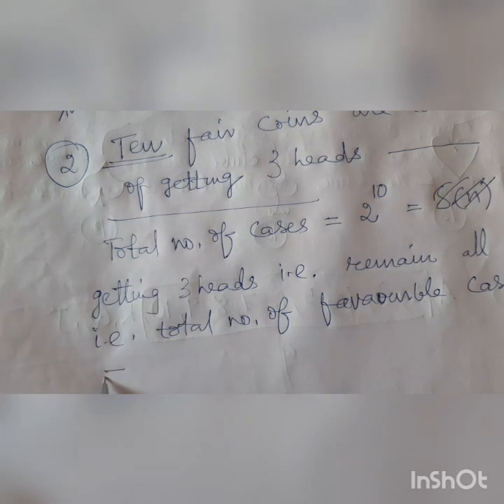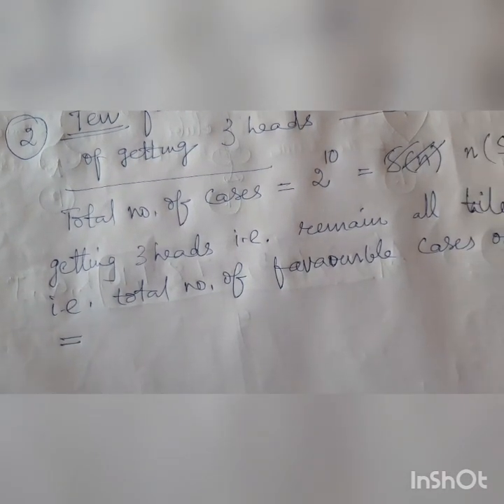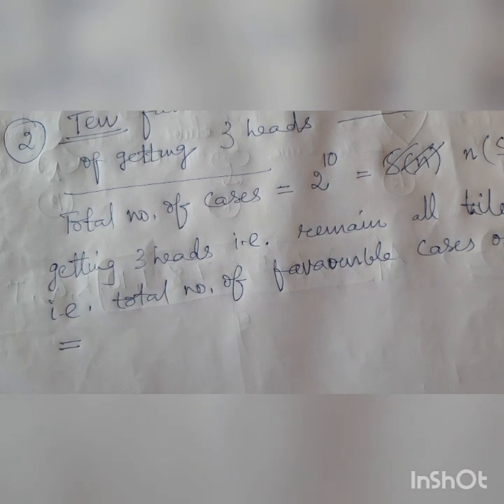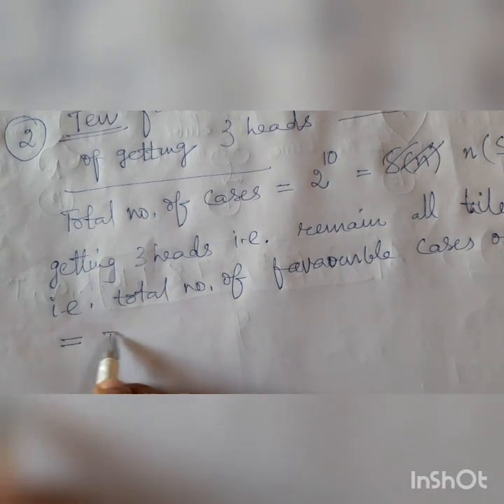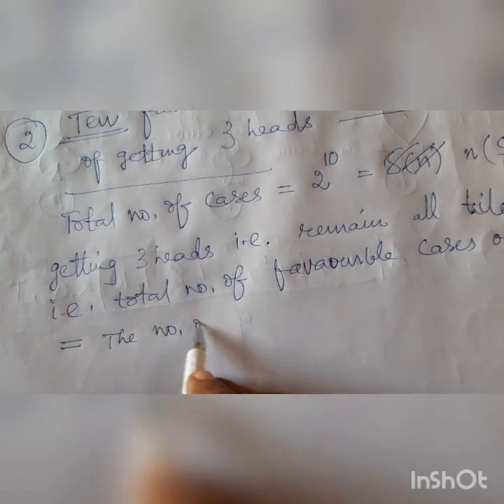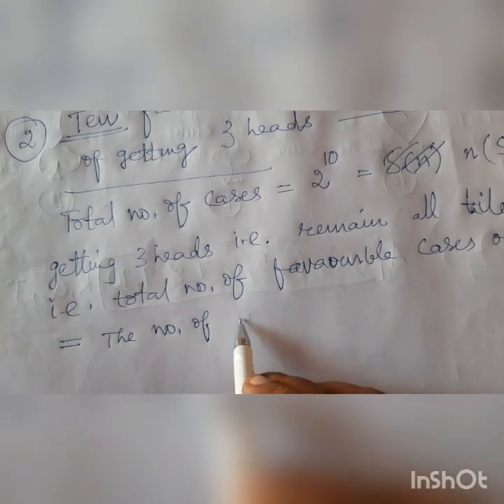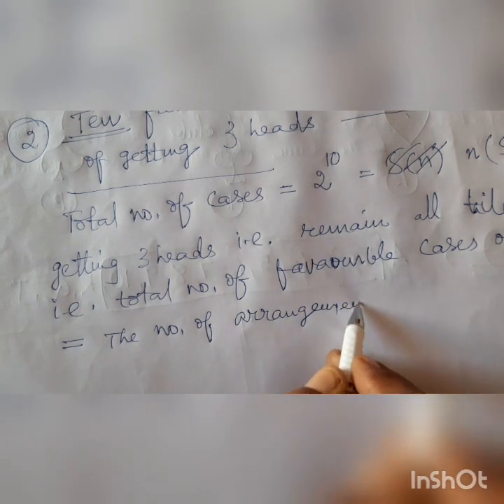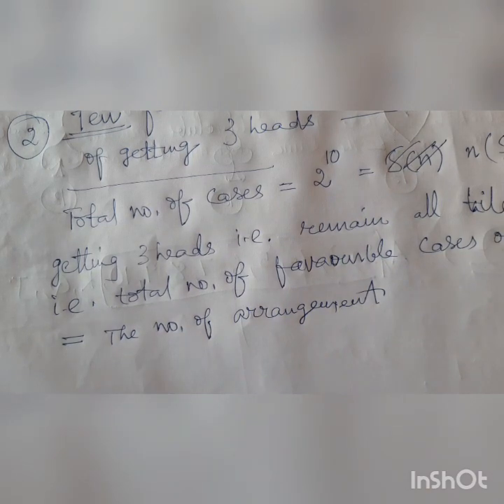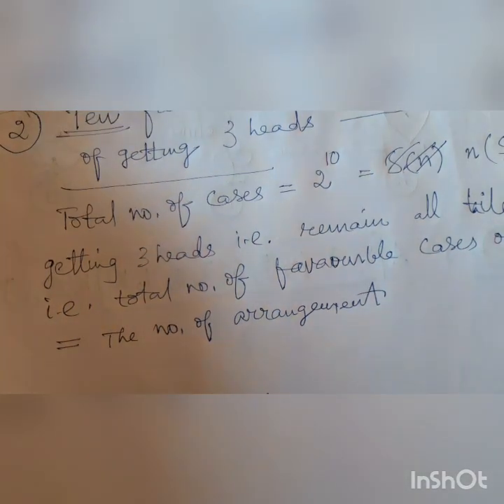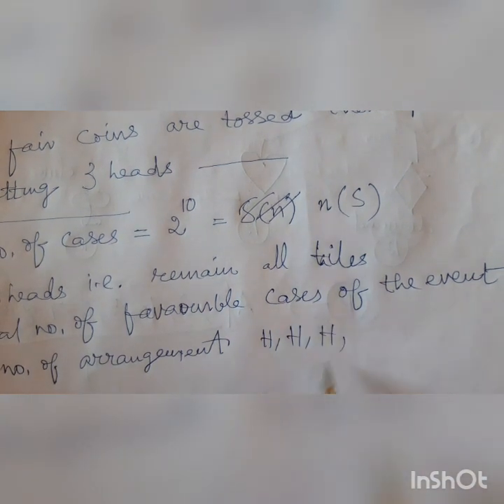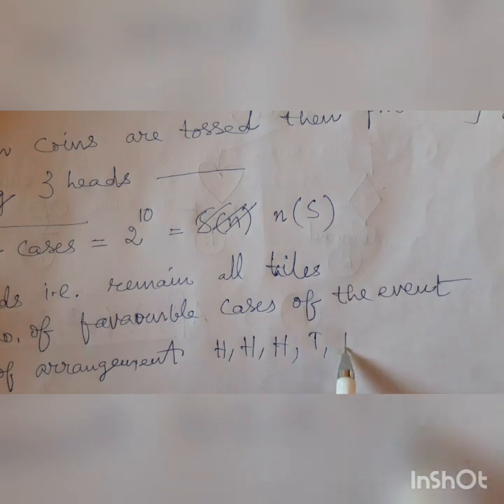Favorable cases of the event equals the number of arrangements. H, T, like this.